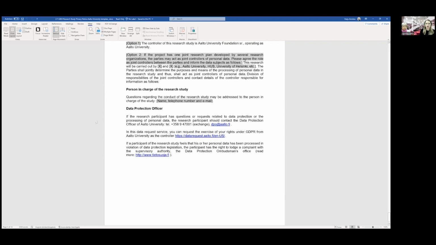Then the person in charge of the study is who participants can contact if they have any questions about the research study itself, any practical questions about the ongoing study. Usually it's the PI or the coordinating researcher or some other person whom the research group has agreed to be the contact point. Here you don't need to change or fill anything in.